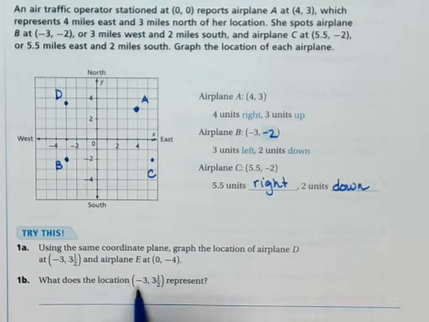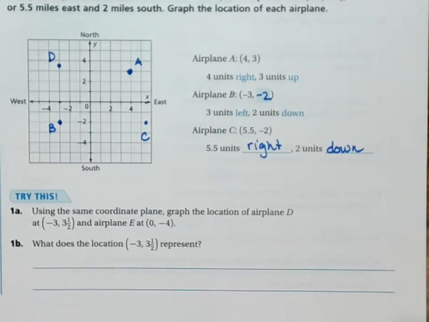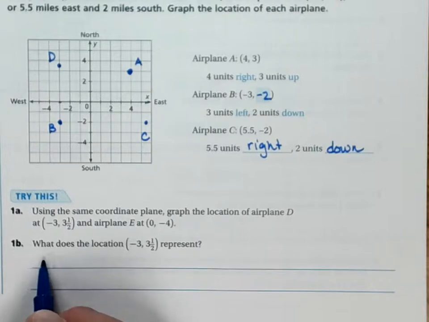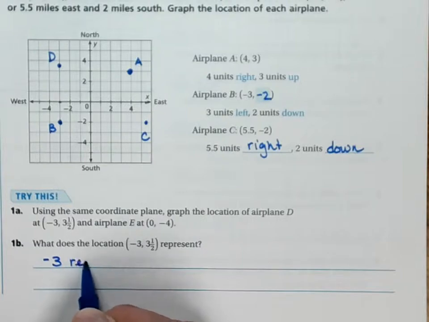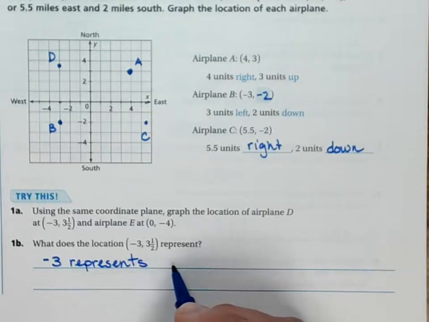What does the location -3, 3.5 represent? I'm going to give you 30 seconds to think about that. It's very similar to yesterday with cars and profit. Each one represents something. Well, -3 represents a direction, which is west.